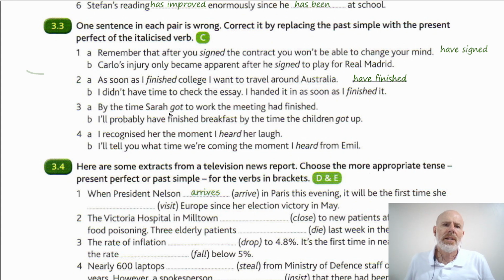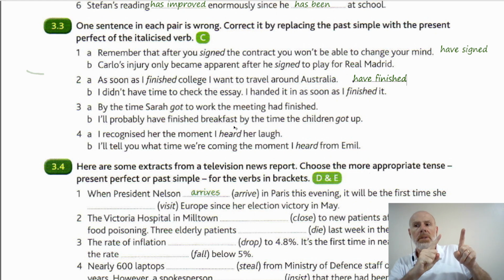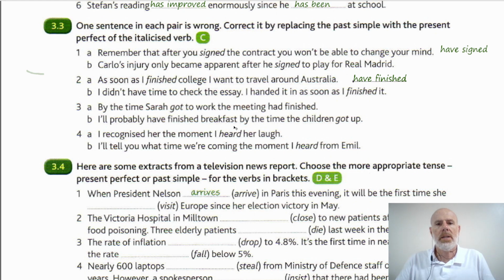By the time Sarah got to work, the meeting had finished. So classical about past perfect. No problem with that. I'll probably have finished breakfast by the time the children have got up.